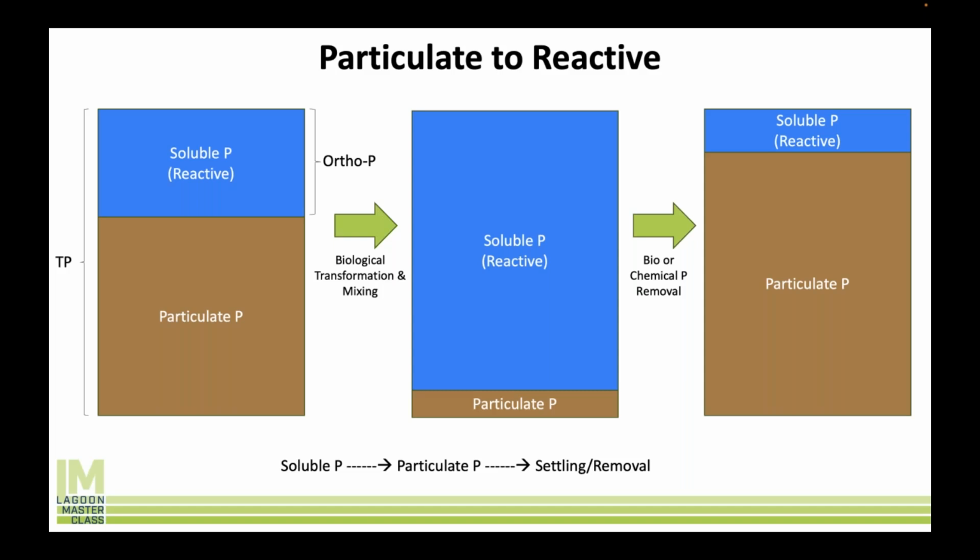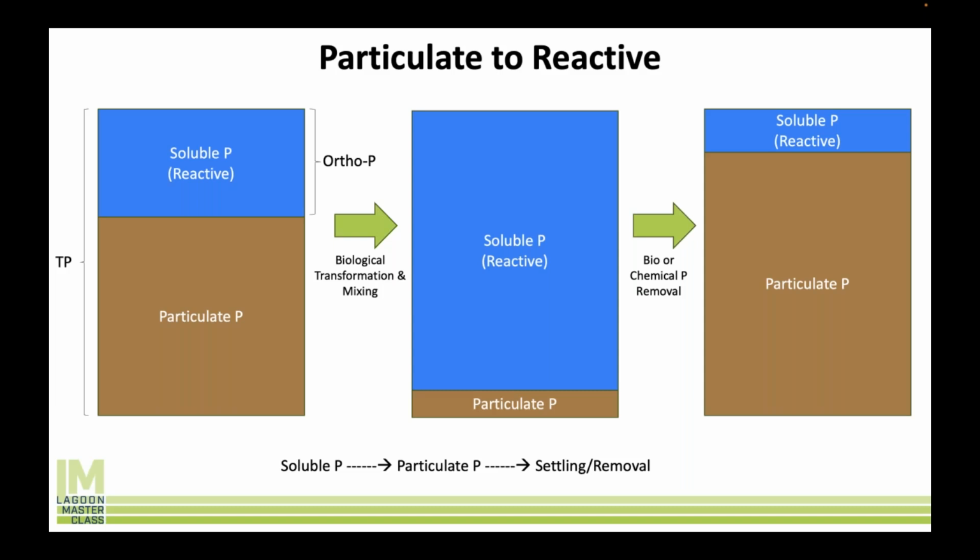We talk about reactive in terms of what we can actually do something with, what a chemical will actually bind to. It'll more readily bind to the reactive phosphorus than the particulate phosphorus.